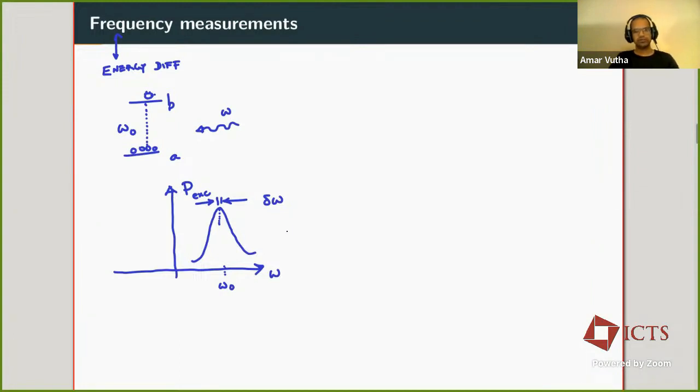Okay, so if that's the task ahead of us, this leads to a couple of different things. You could, of course, try to make delta omega really small in your experiment so that you can get a very good measurement of omega naught.